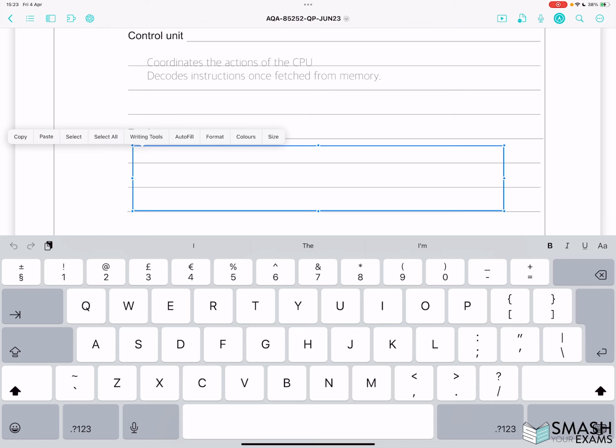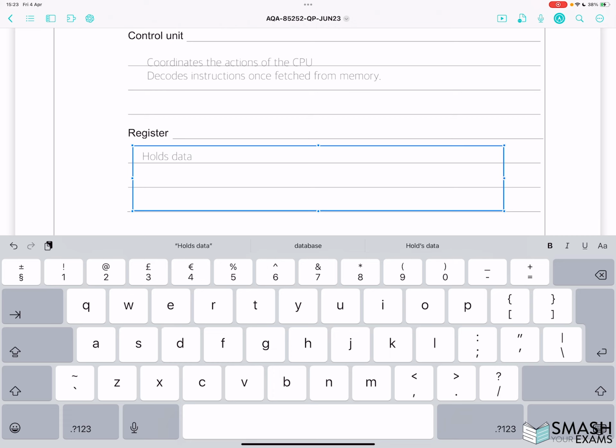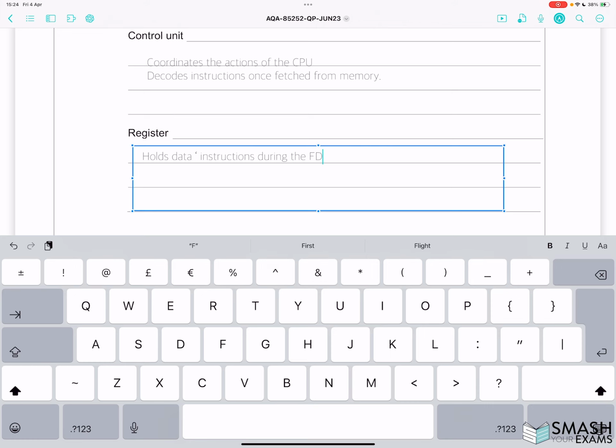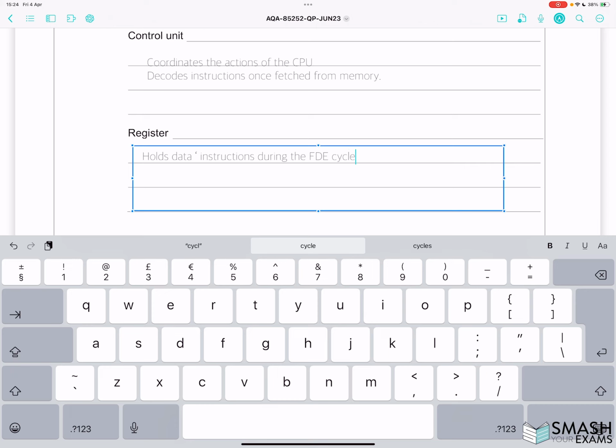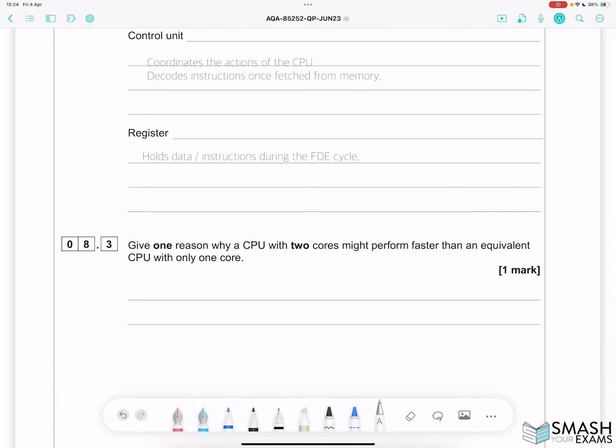So I'm going to phrase it as it holds data or instructions during the fetch, decode, execute cycle. It doesn't ask us for examples, so we don't necessarily need to dive into them.